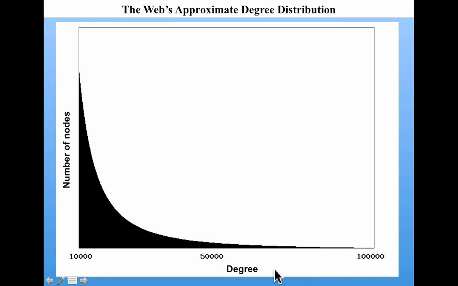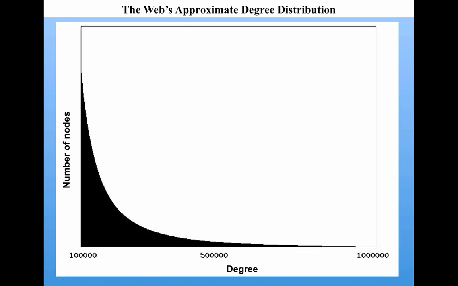So what we were seeing before, this little tiny patch over here, becomes larger here. This of course is a much lower number of nodes than in the previous plot, but I just want you to concentrate on the shape. If we blow up a little part of this, the shape remains the same. Similarly, if I start at 100,000 and plot it all the way out to 1,000,000, the shape remains the same.